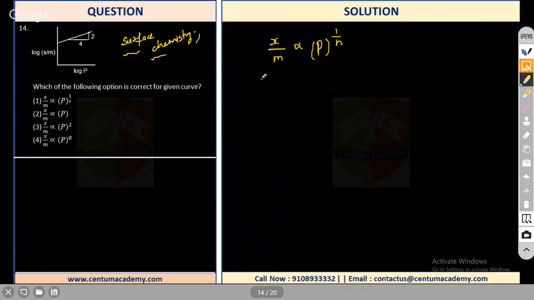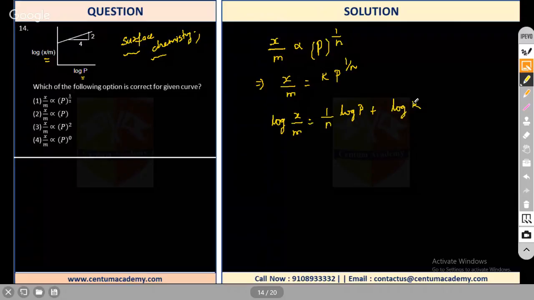When I remove the proportionality sign, we have x by m equals k p to the power 1 by n. Since the graph is for log of x by m and log of p, we can write log of x by m equals 1 by n log p plus log of k.